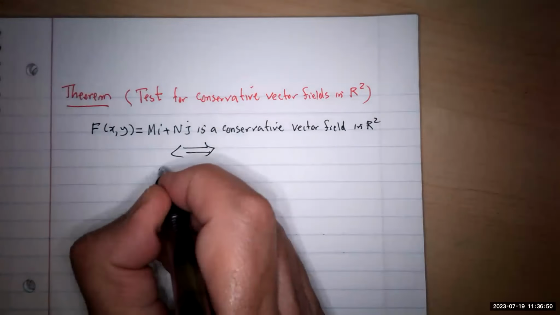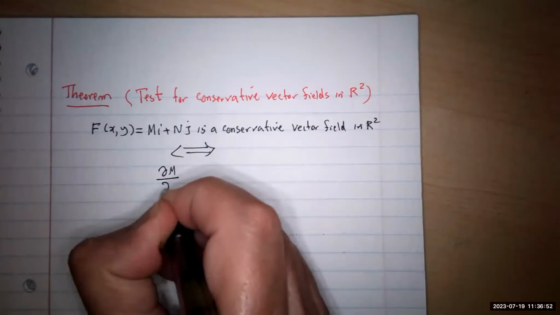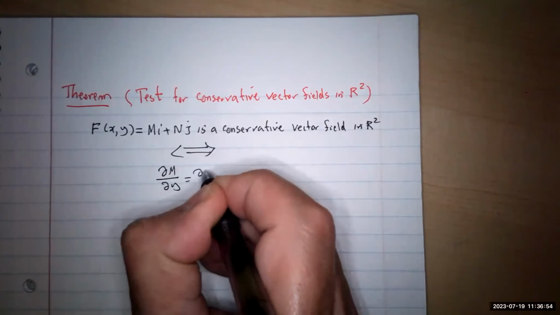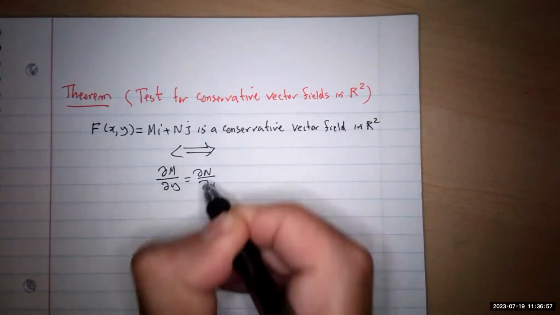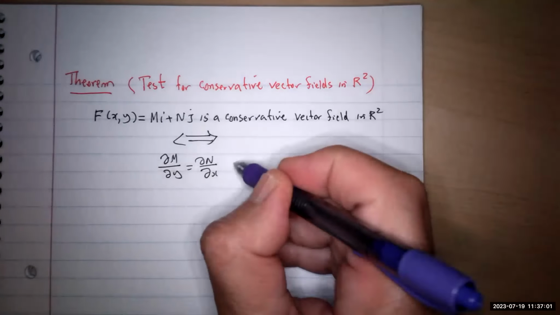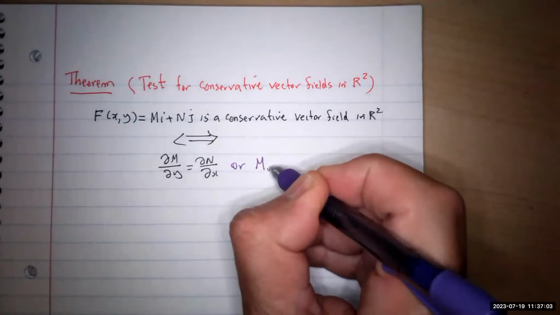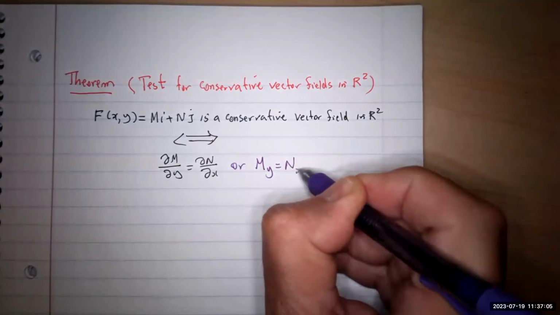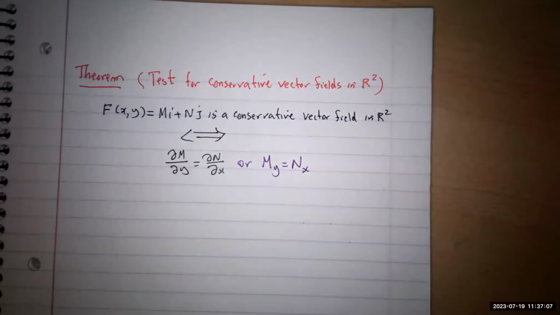The condition is ∂M/∂y is equal to ∂N/∂x. That's the one. In short, if you like, that's easier to remember: M_y is equal to N_x. That's it. That's the condition for a vector field in R2. The condition for a vector field in R3 is a little bit different, and we will do it later, and do more of them.